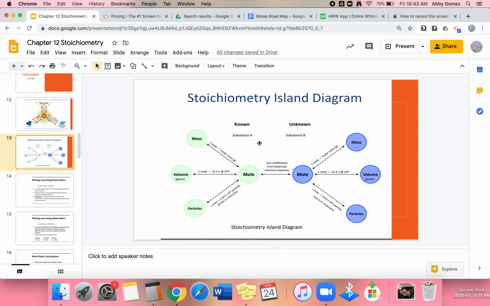So if you think back to some of the labs that you were doing in chapter 11, where some of you changed the amount of, I'm trying to think of manganese dioxide. Some of you are using that black powder that you added to get that popping sound.